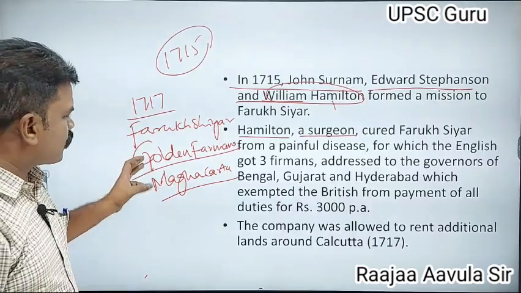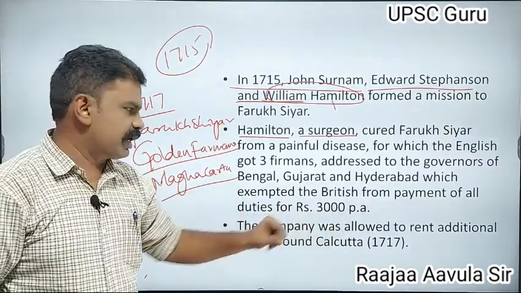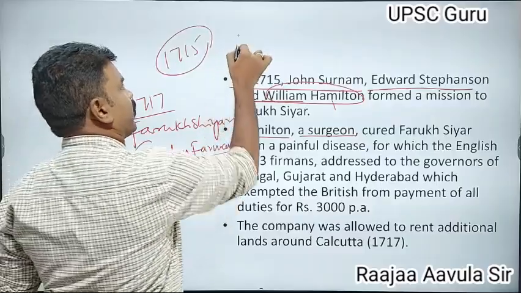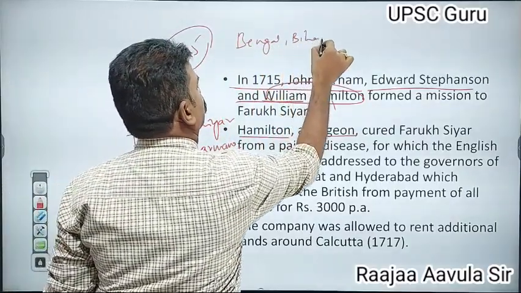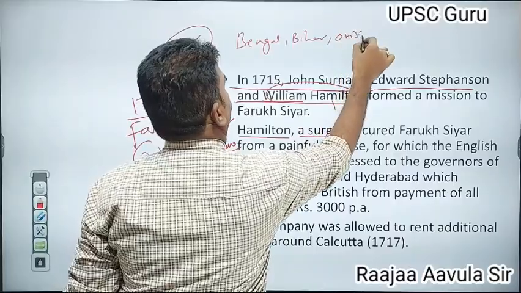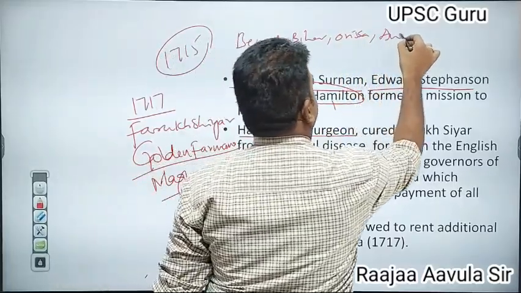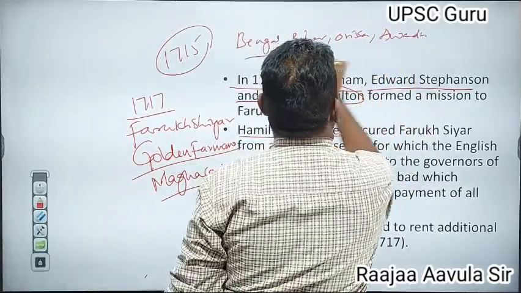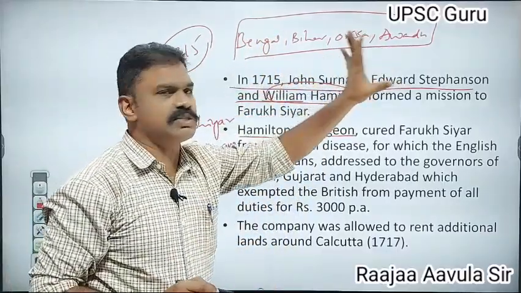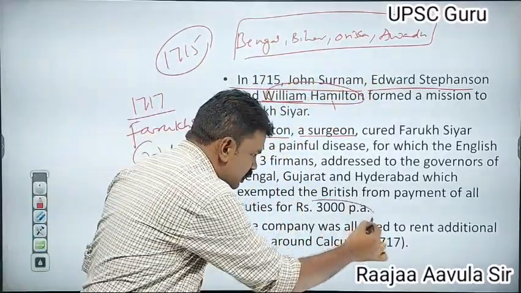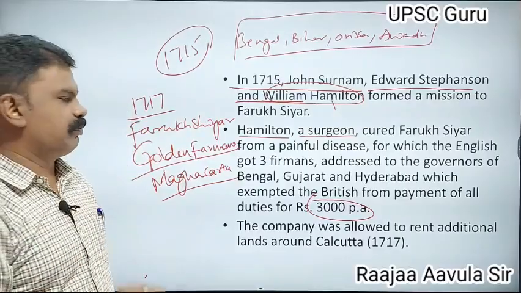This was given just for the payment of 3000 rupees per annum, from Bengal, Bihar, Orissa and Awadh areas. So the British East India Company continued their trade in all these areas just for the cost of 3000 rupees per annum.